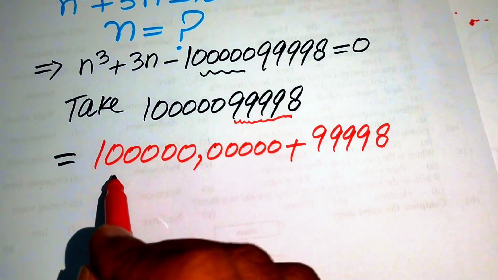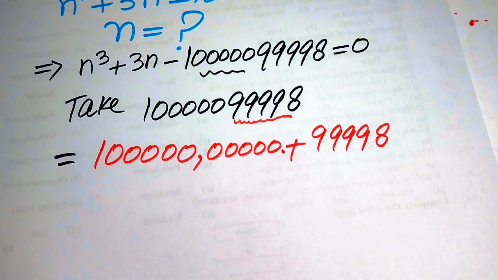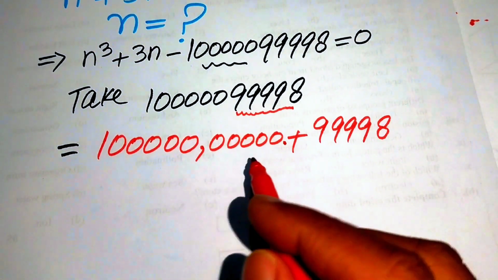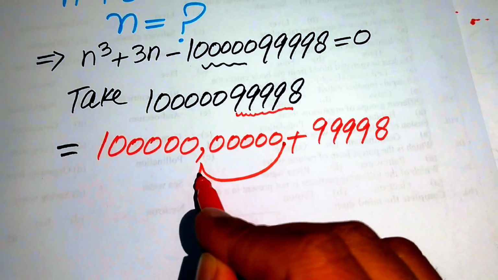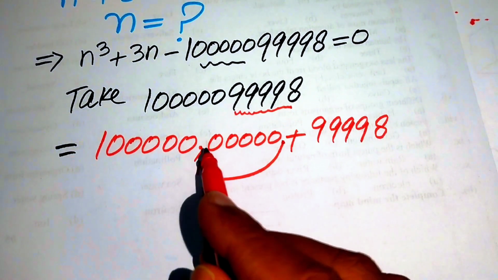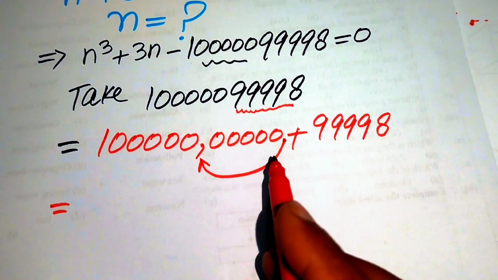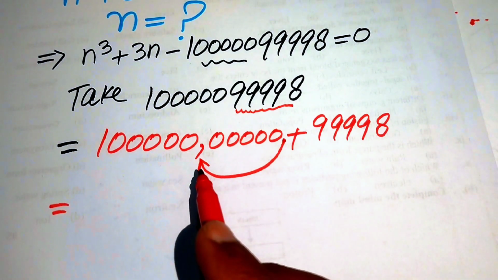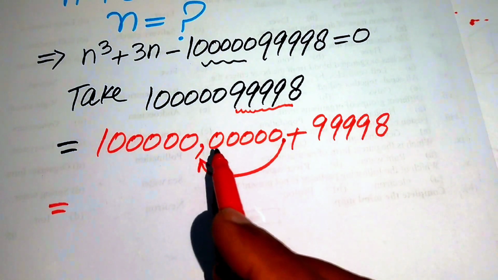If you focus on this number, you see the decimal point will be there. When we move this decimal point to this position, we use the technique of scientific notation, and we know that when we move the decimal from the left, we multiply the whole number by 10 raised to a power.